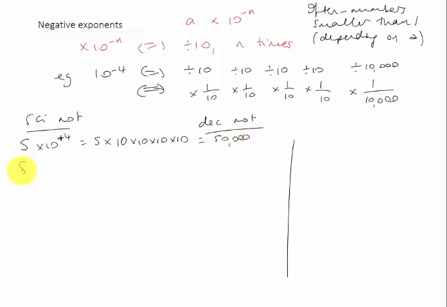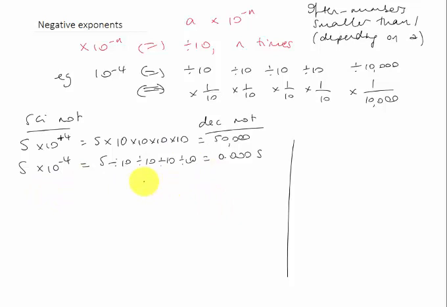Whereas 5 times 10 to the minus 4 is 5 divided by 10, divided by 10, divided by 10, divided by 10, so that's 4 times, and that is 0.0005. So this is 5 divided by 10,000.